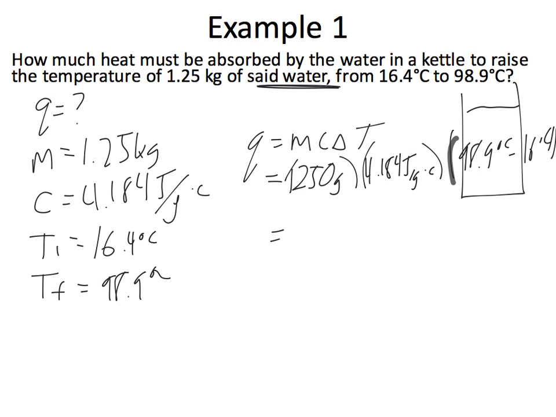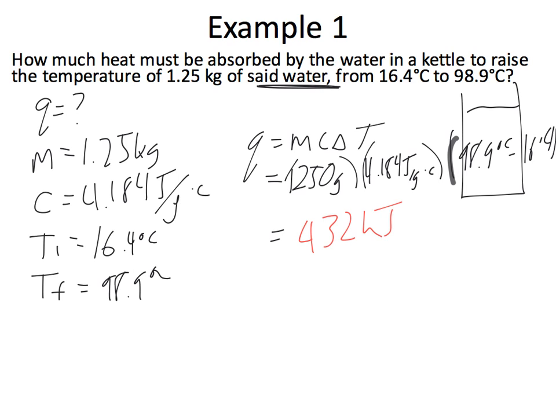So if we do this all out, and again, when we look at significant figures, we have 3, 4, 3, 3, so our answer should be in 3 significant figures. Our answer is going to be 432 kilojoules.